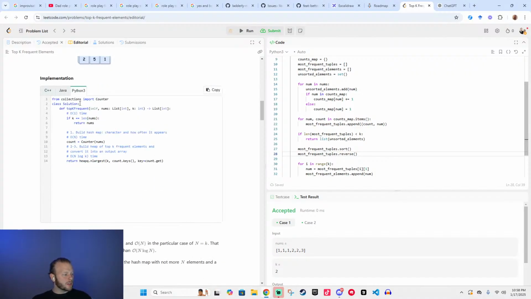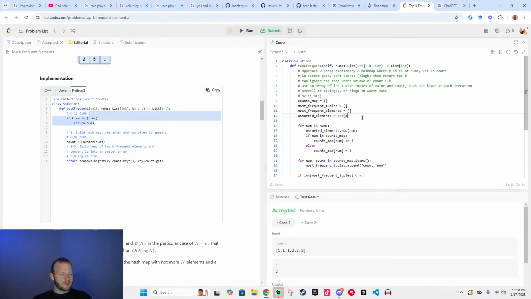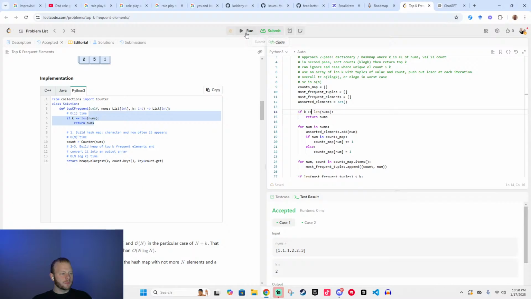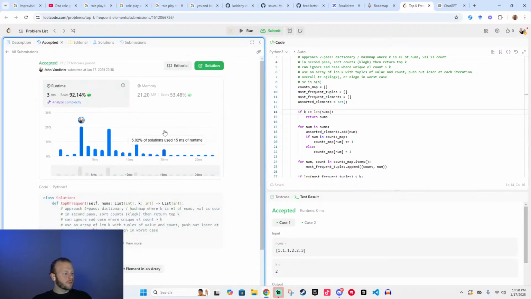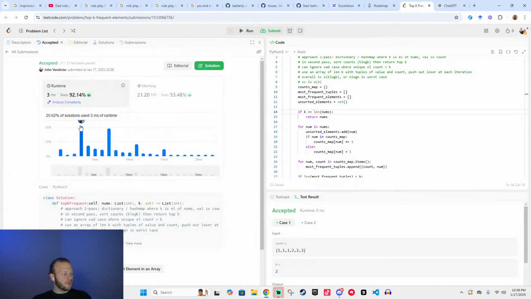It's like, this is way cleaner, right? This counter thing. What are they doing with this counter thing? If k is the length of nums, return nums. Yeah, sure. It's even better to move that up. And we can say if k is greater than or equal. Okay, that moves us to this faster leg. That's good.